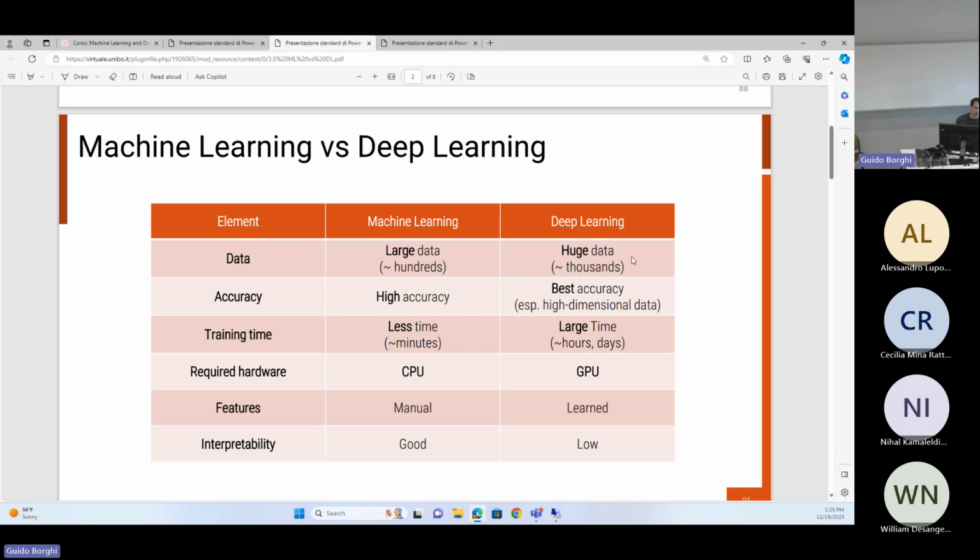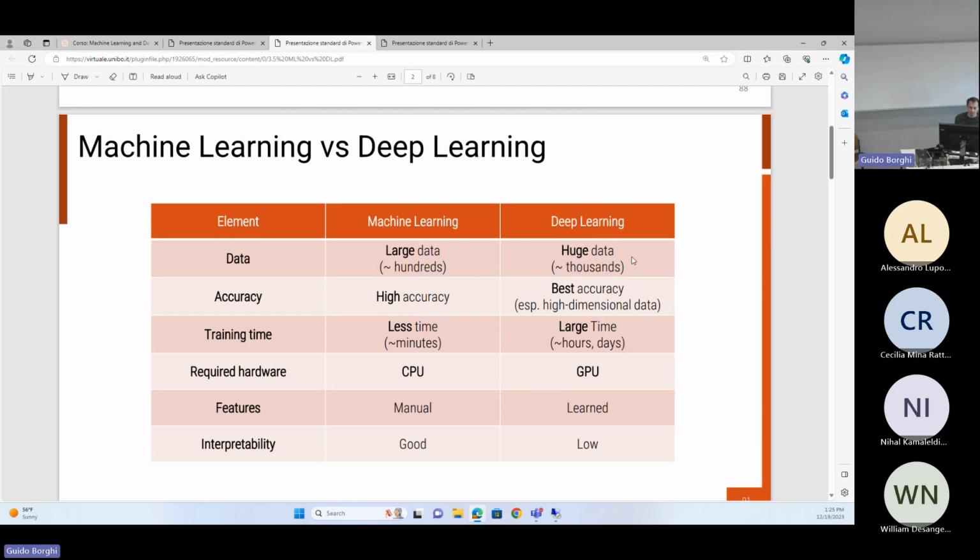In particular, the training data, the data that we use during the training phase. For machine learning, we need a large amount of data, where large means hundreds of samples. So if we have, for instance, a dataset with 800 training elements, it's better to use a machine learning approach, since we have a large dataset but only hundreds of different samples.